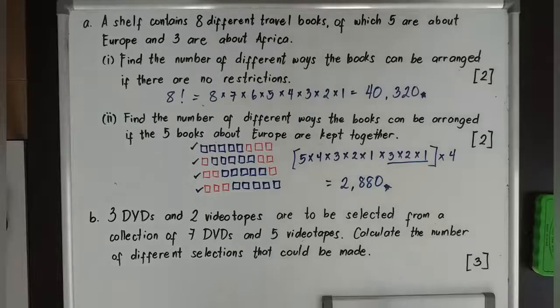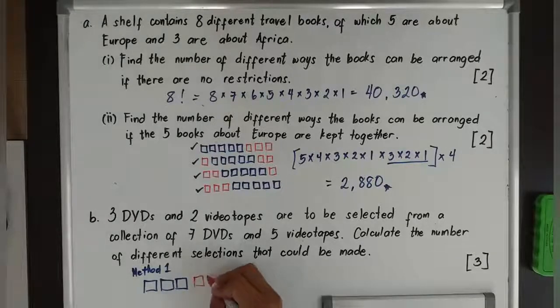Yes, you can do arrangements. Actually, there are 2 methods that you can employ here. Okay. Method 1 is that I need to have 3 DVDs and 2 tapes, 2 videotapes.